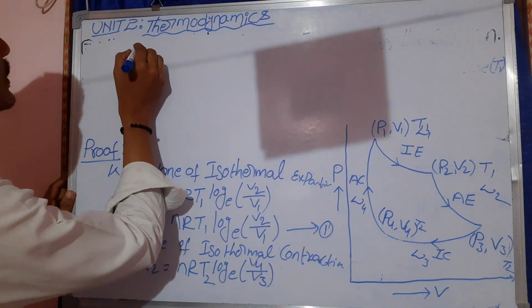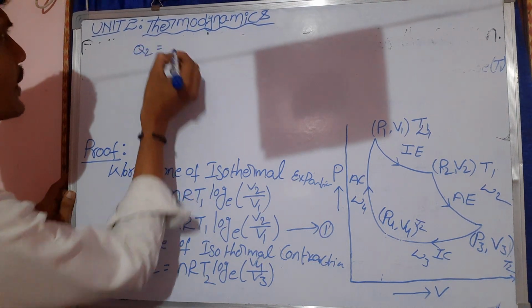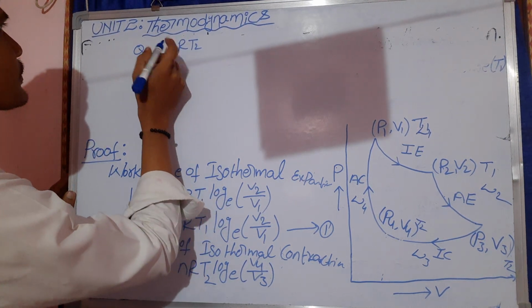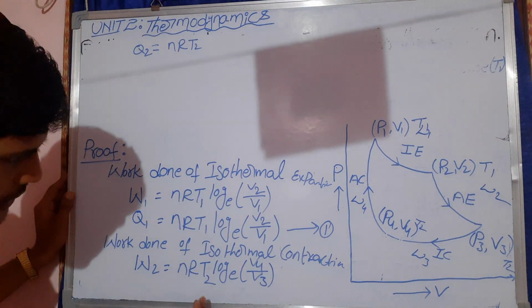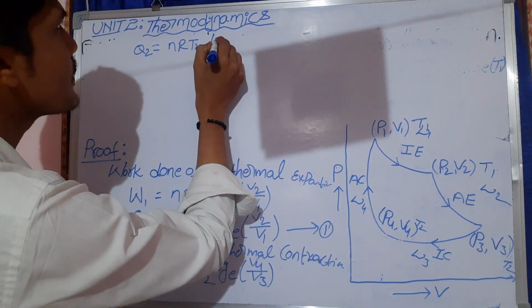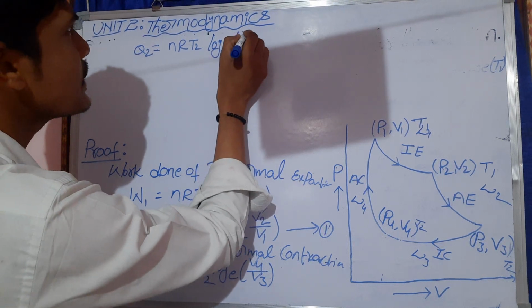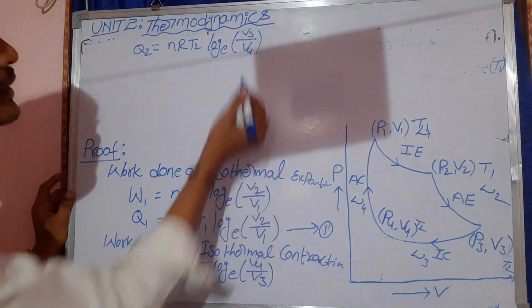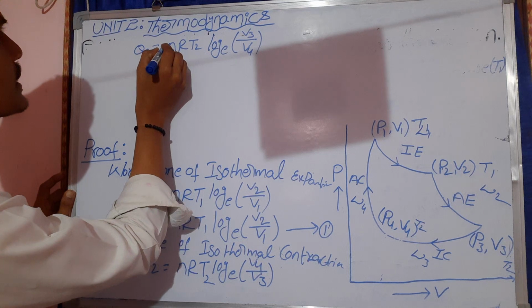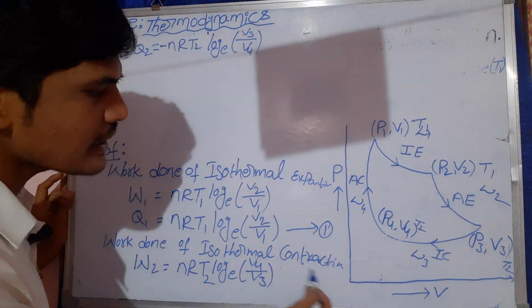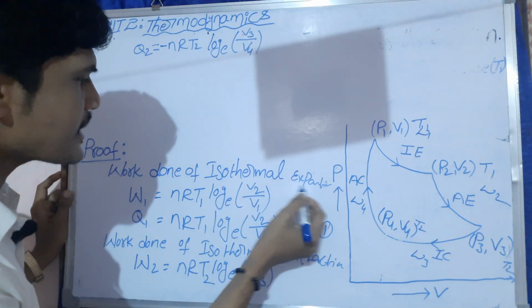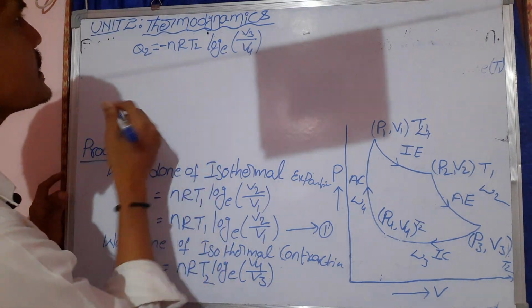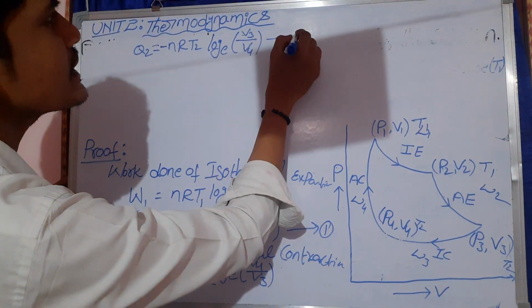So W2 means Q2 equals nRT2 log base e V3 by V4, where the minus sign indicates the contraction. So this is the contraction expression, and the minus indicates contraction. This is equation number 2.